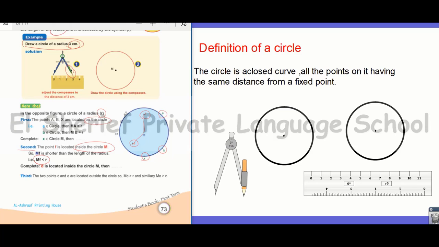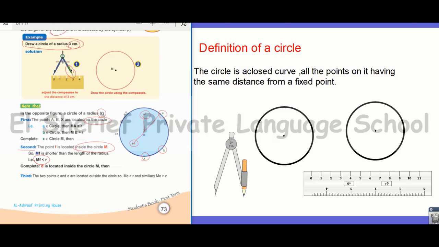If we draw from the center to any point of the circle like MA, MB, MX, this is a radius. We notice that for any point inside the circle, if we draw a line segment between the center and that point, the distance is less than the radius.